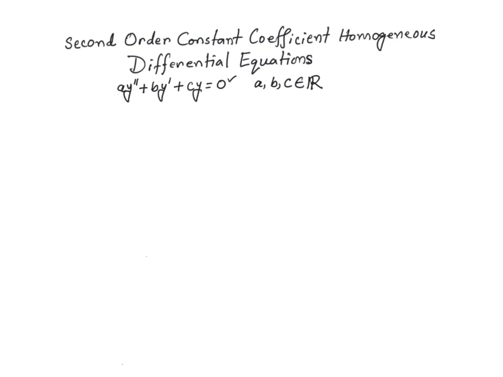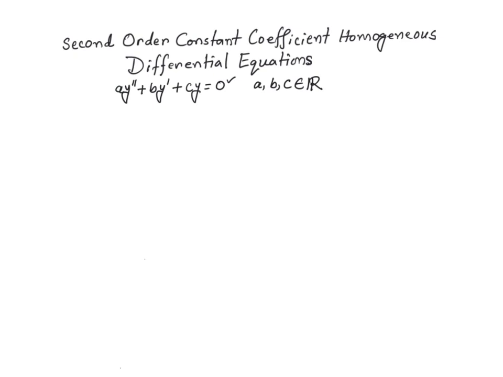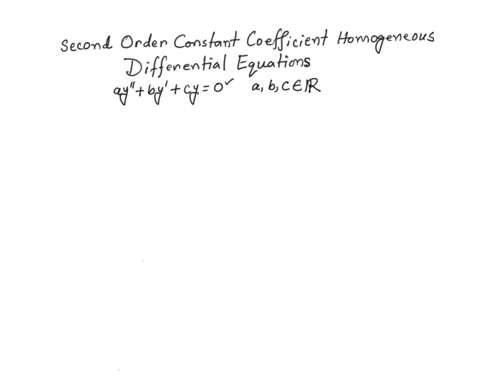From our experience of dealing with simpler second-order constant coefficient homogeneous differential equations, we know that the solution will be of this format: y of t is equal to e to the power of some parameter r times t.